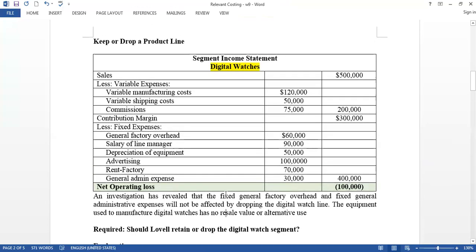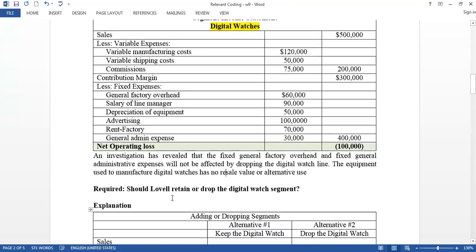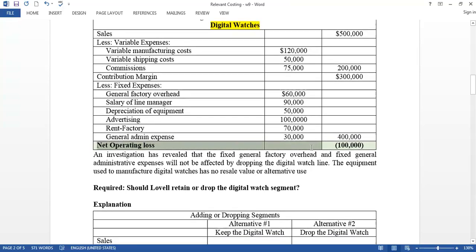I repeat again, the summary of this question is this company has several products. Digital watch is one of the segments of this company, but the problem is this company is showing a loss for several years, and this is their loss.